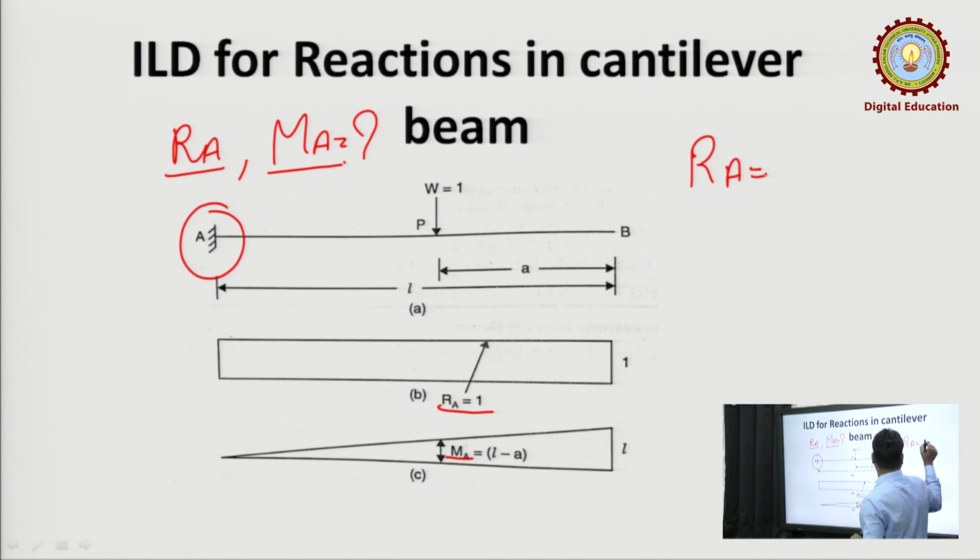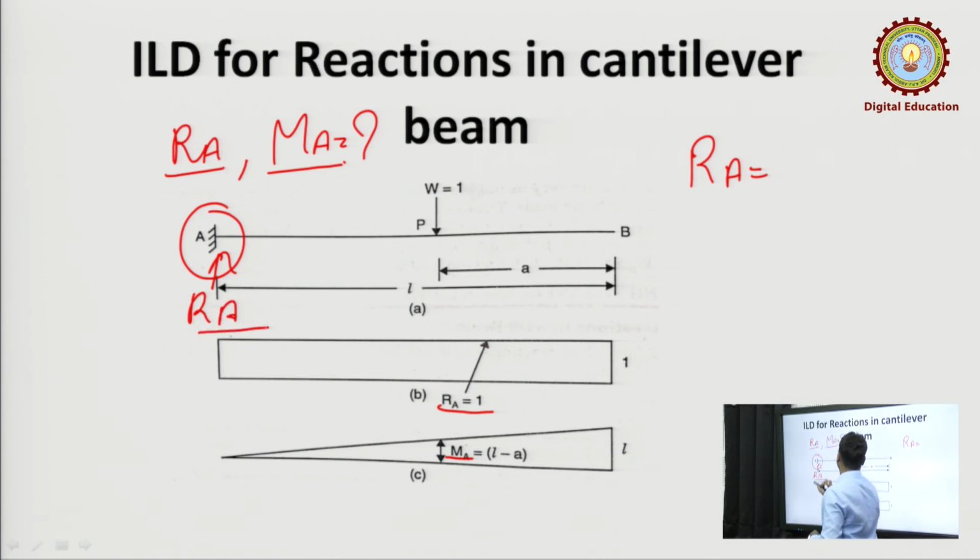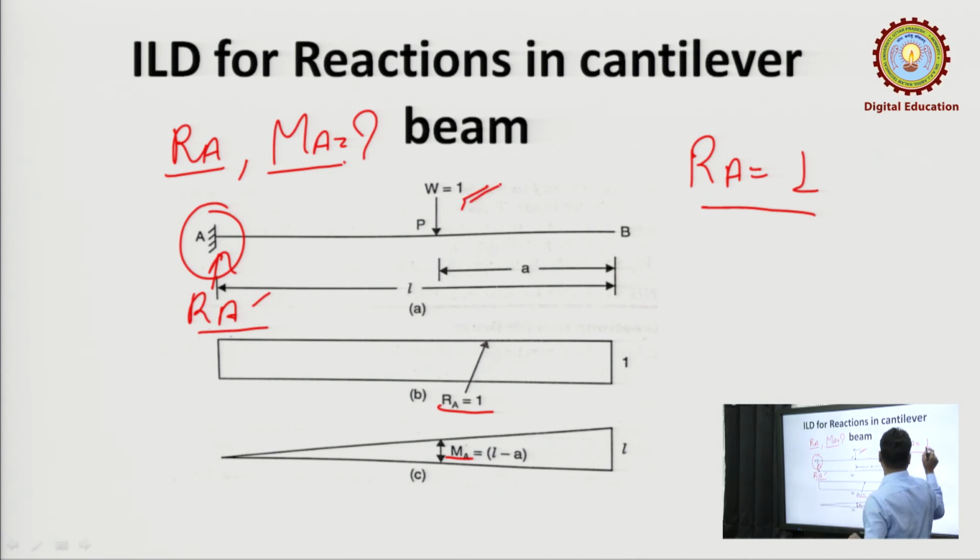Reaction RA is equal to unity, because there is no other load in the cantilever beam. If there is no load, then the RA value is equal to 1. That's why the variation of the influence line diagram is unity.